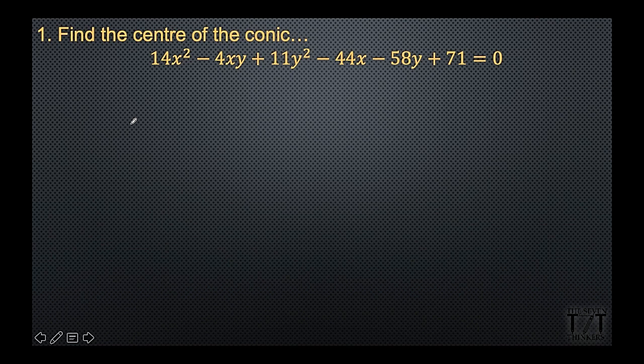So accordingly, the value of a is equal to 14, h is equal to minus 2, b is equal to 11, g is equal to minus 22, f is equal to minus 29, and c is equal to 71. As you know, these are the coefficients of x square, xy, y square, x, y and c respectively.